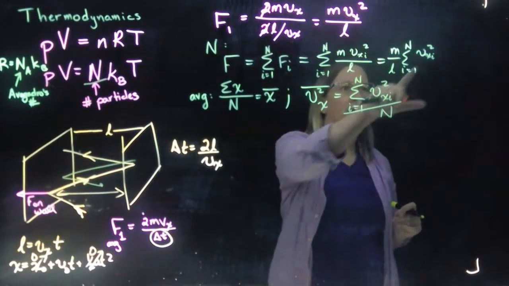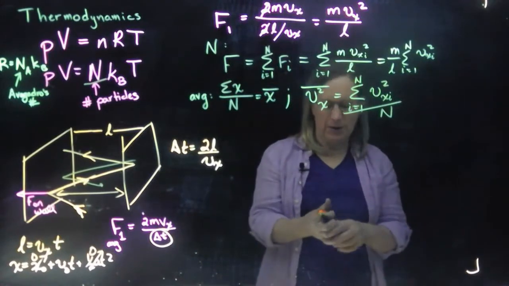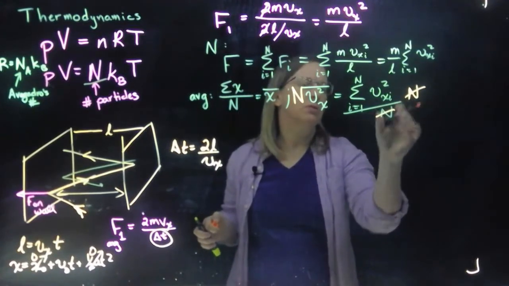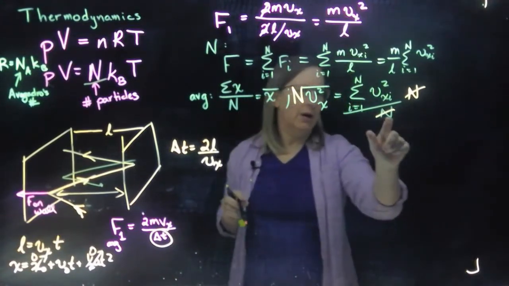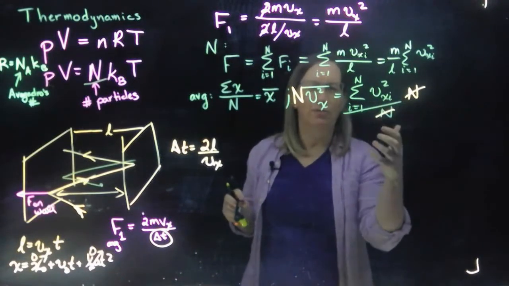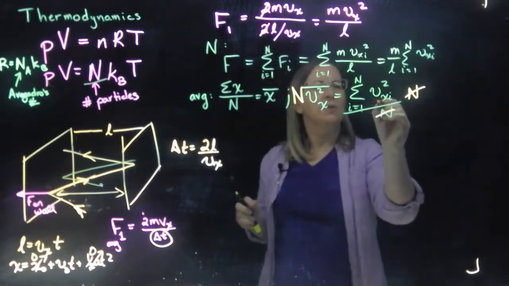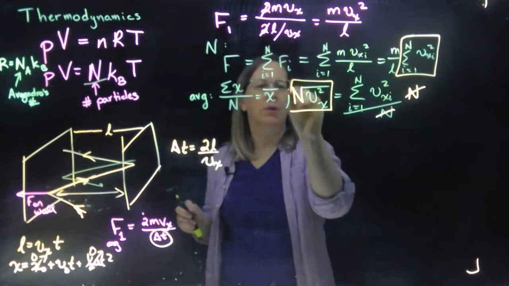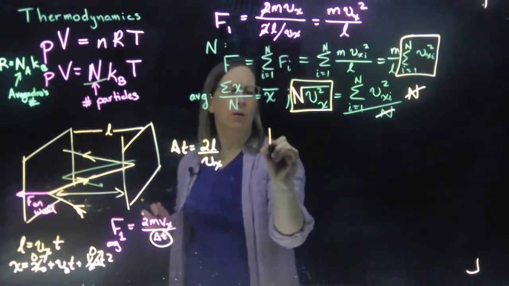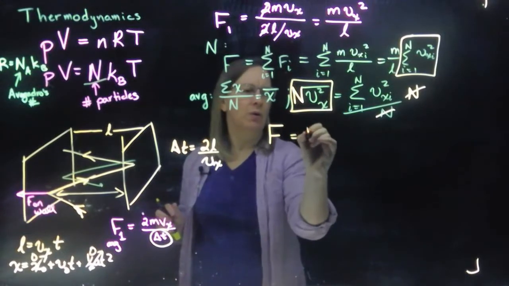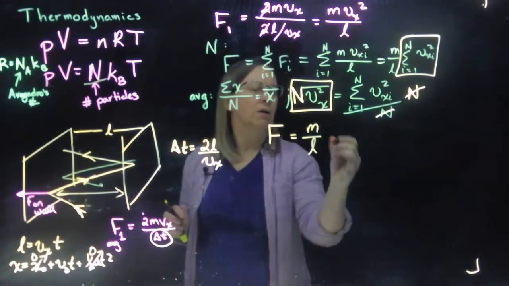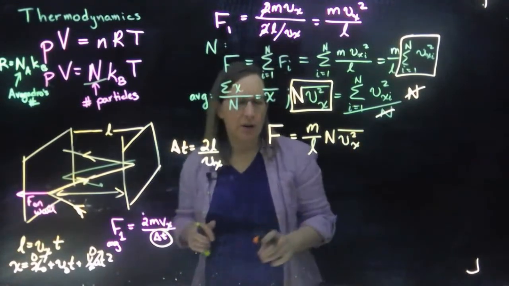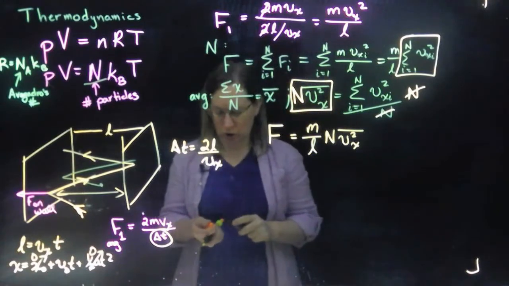So I can multiply both sides by n, and that just cancels. n doesn't depend on anything; there's not like different numbers of particles or anything. So in place of this nasty sum, I can just put this in place. I'm going to rewrite my force as equal to m over L times n times the average value of Vx squared, the average of the speed in the x direction squared.